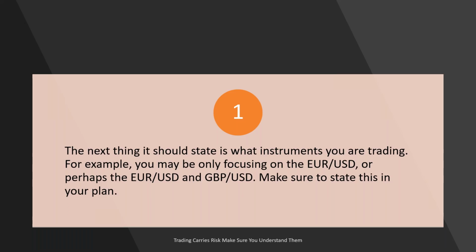You can't just say I'm going to trade Forex, because you can't be an expert on that many currencies. You can't be watching that many economic events and that many headlines and doing that kind of analysis on that many assets. So maybe you say you're going to trade the euro, US dollar, the pound. You trade the eight major crosses against the dollar. Okay? But put it in your trading plan.